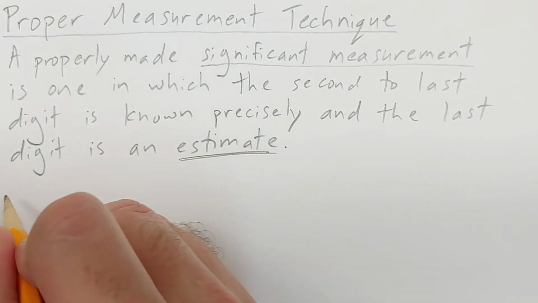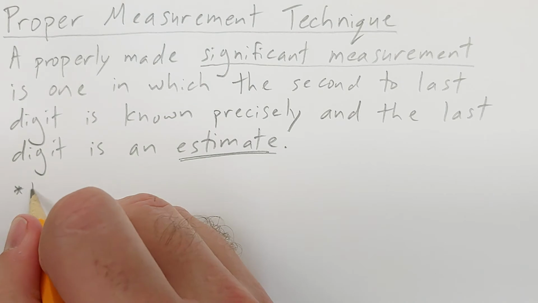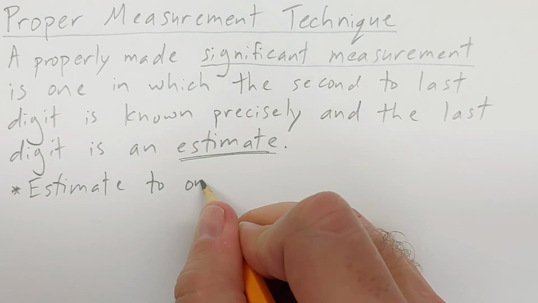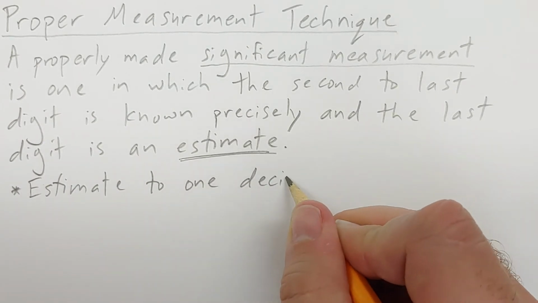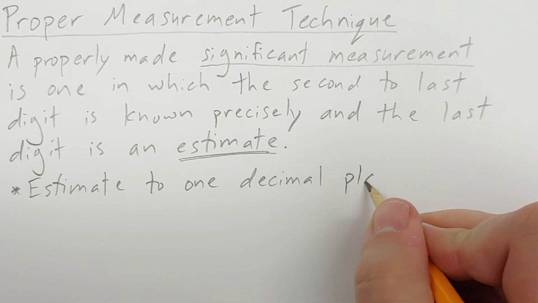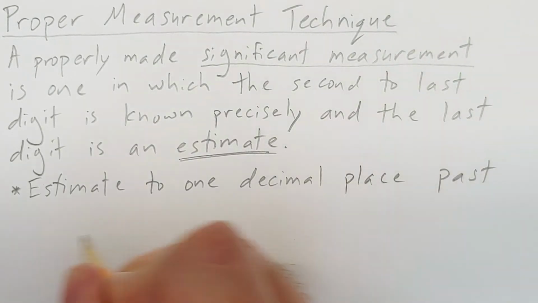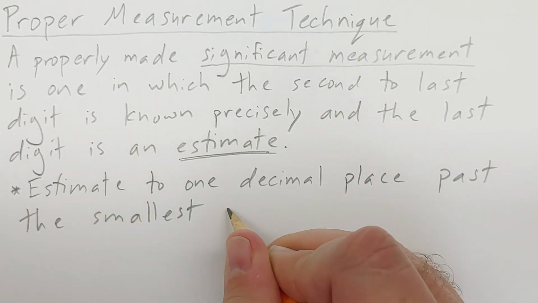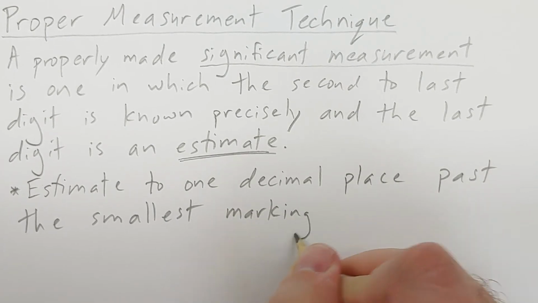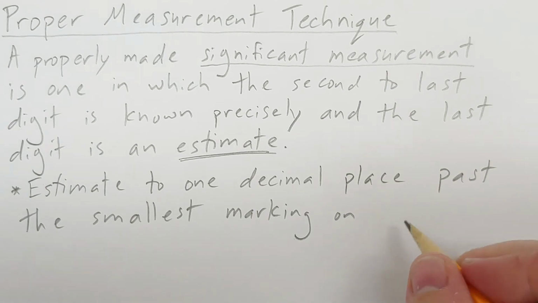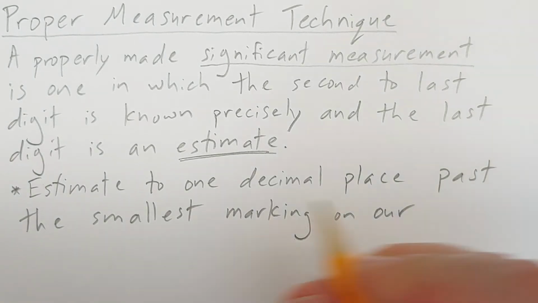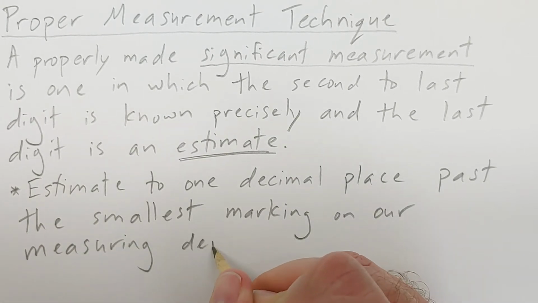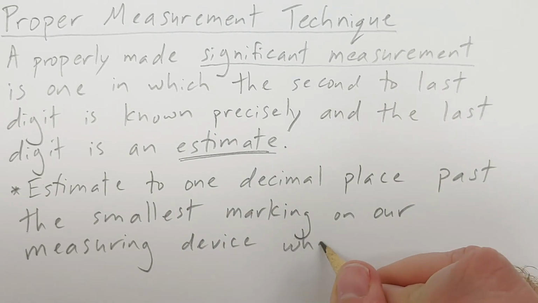And our general rule is that we should estimate to one decimal place past the smallest marking on our measuring device, whenever possible.